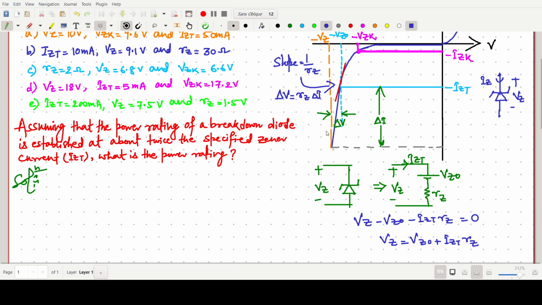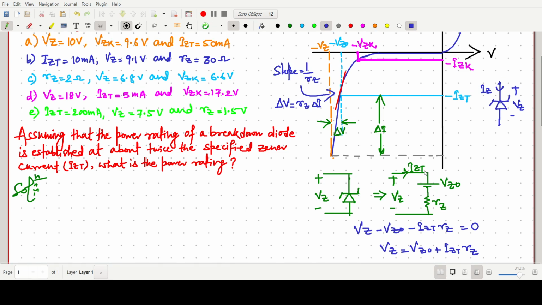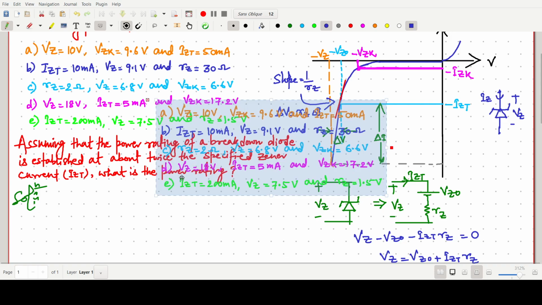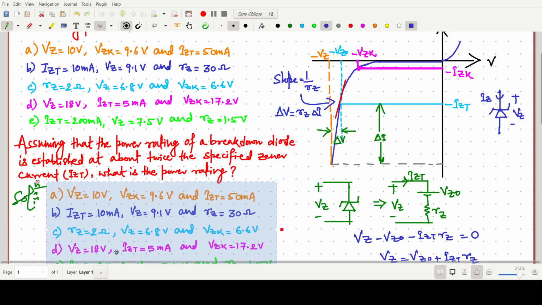RZ is the dynamic resistance or incremental resistance. So this one is the basic. I am not going to discuss more about this simple Zener diode concept. So in the question, again I am writing the first part of the question.